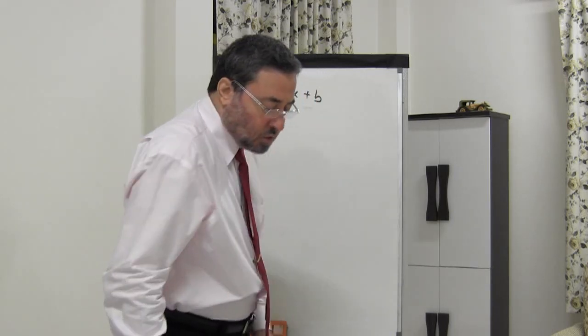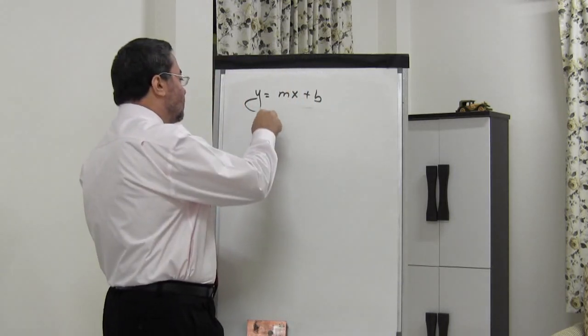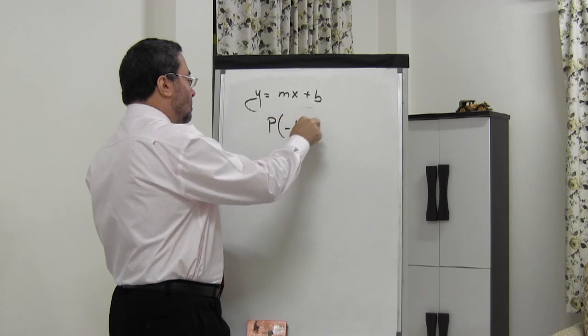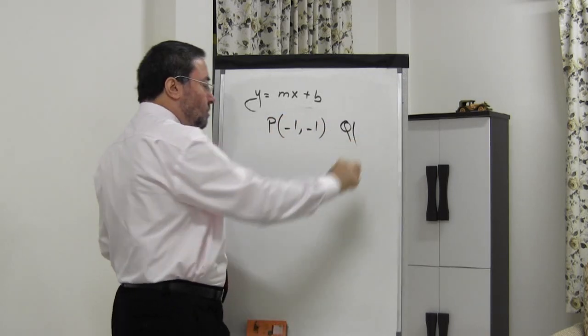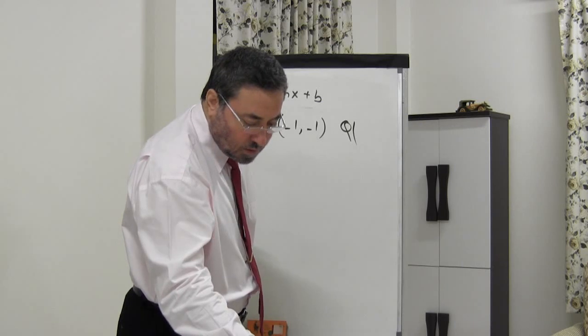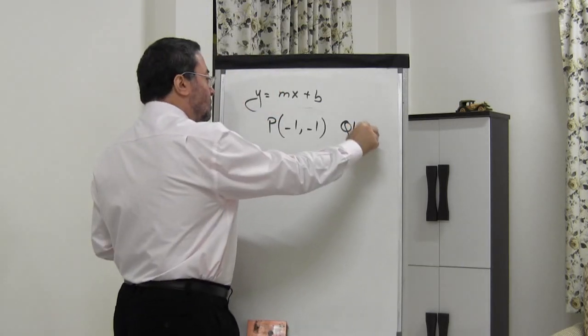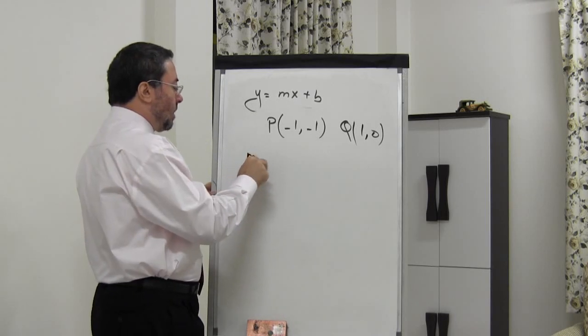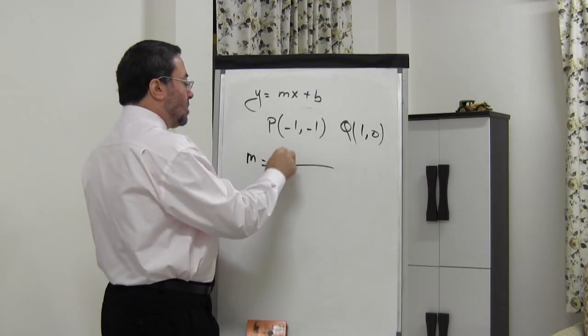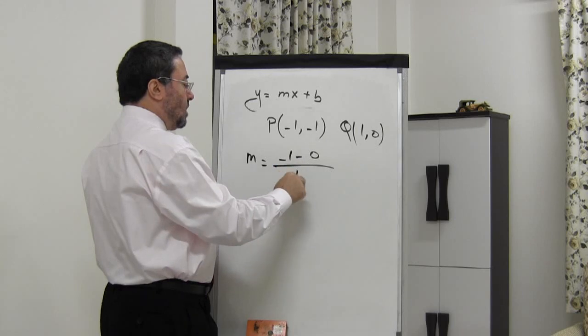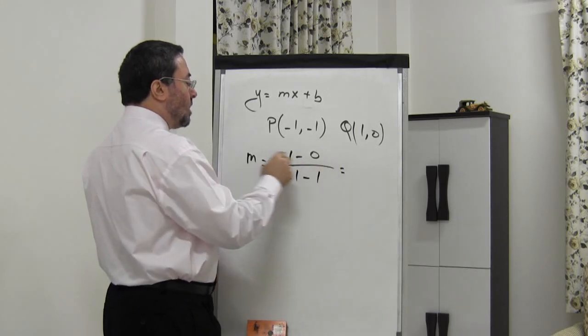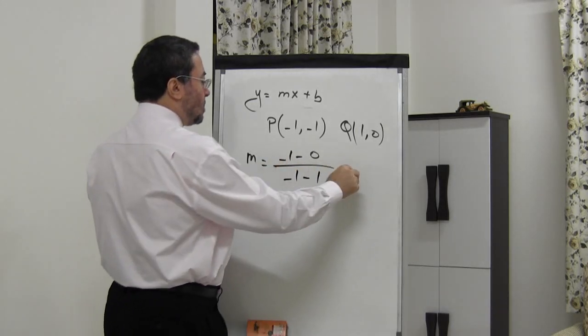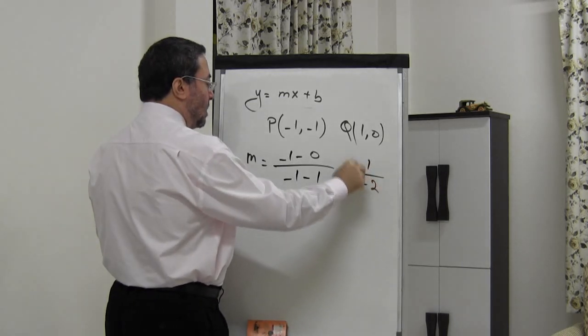P is (minus 1, minus 1) and Q is (1, 0). Now to get the slope, minus 1 minus 0 over minus 1 minus 1. Here we get minus 1 over minus 2, and that's half.